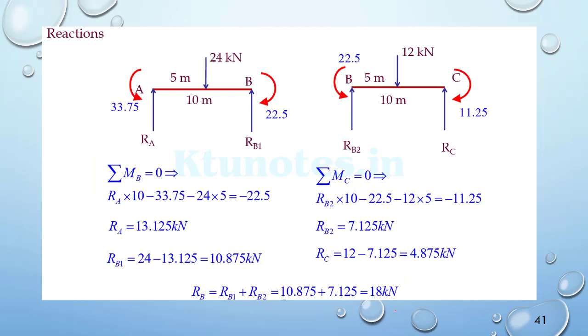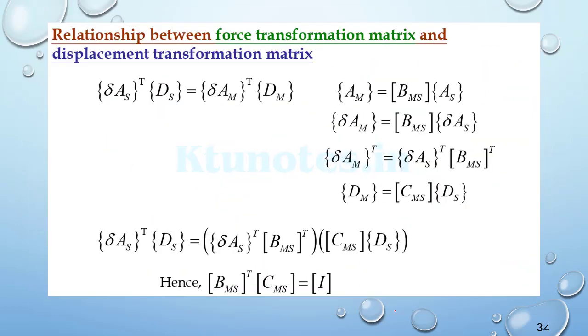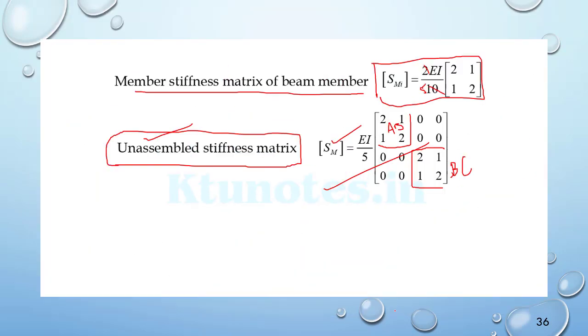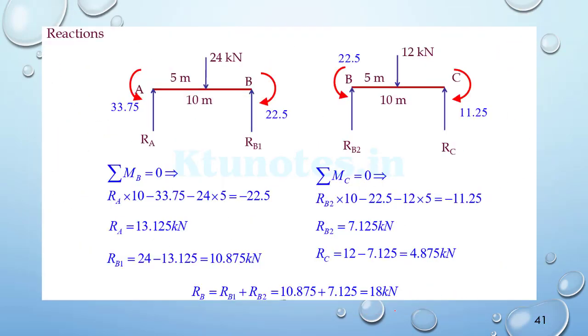And to find the member reactions, especially we need to find the RB. We're considering all the loads happening to the beam.